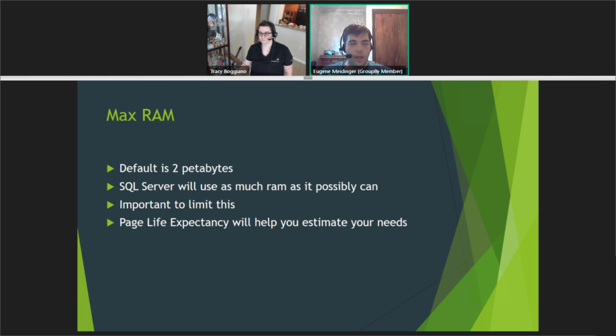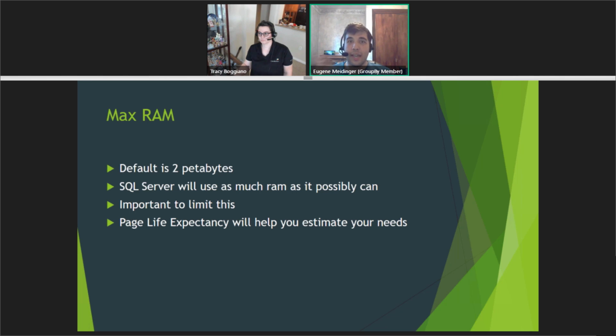You may say, hey, we don't need all of this RAM when our databases only go up to 20 gigabytes. We don't need that much RAM, right? So you may decide to reprovision, but if you just look at utilization, it would look like SQL Server is using all that space and it needs it, and it really may not. But you really want to limit this, especially if you're the poor soul that has stacked SQL instances, right?